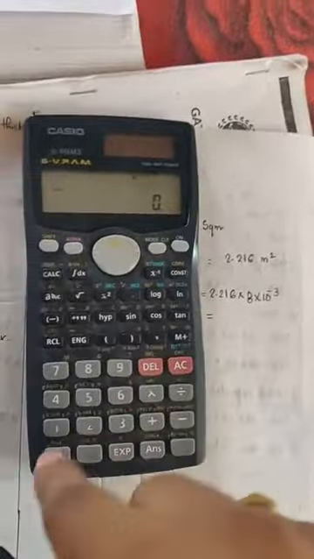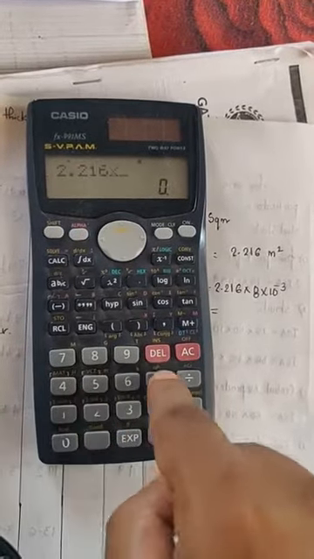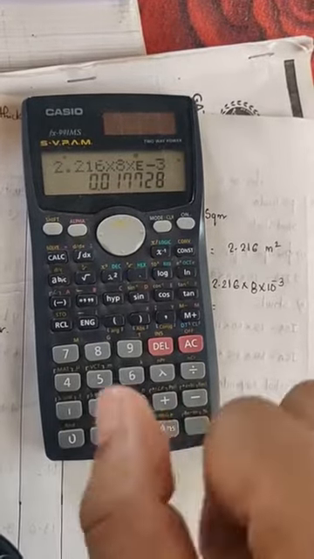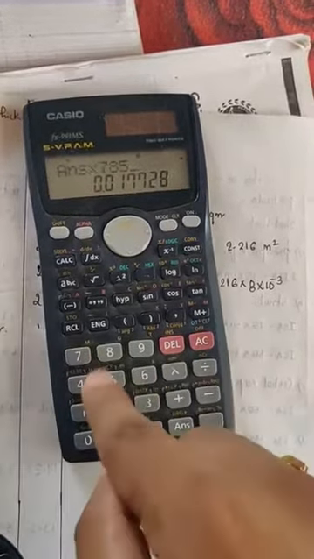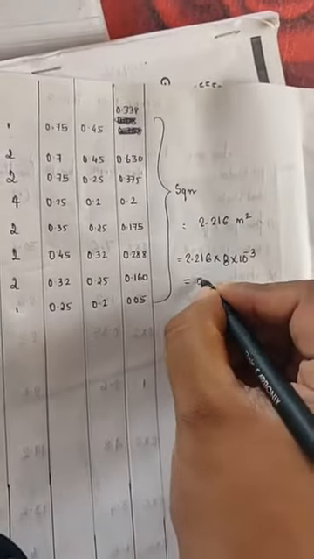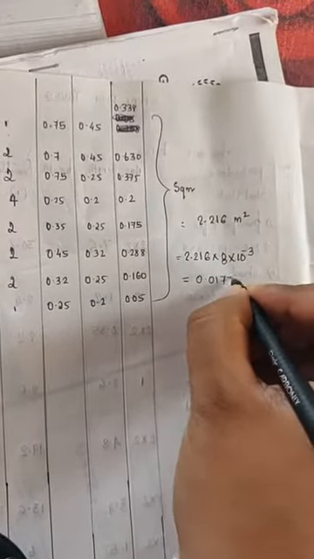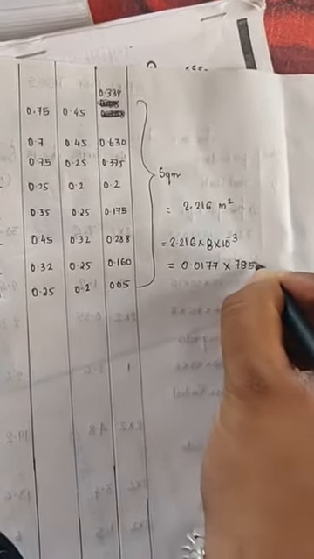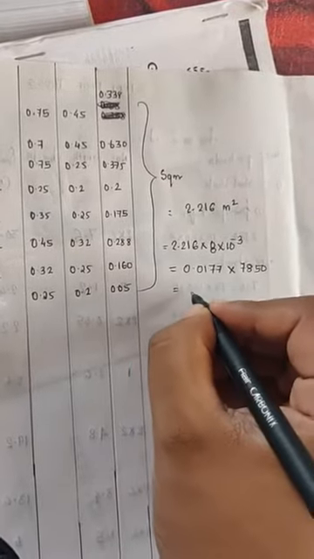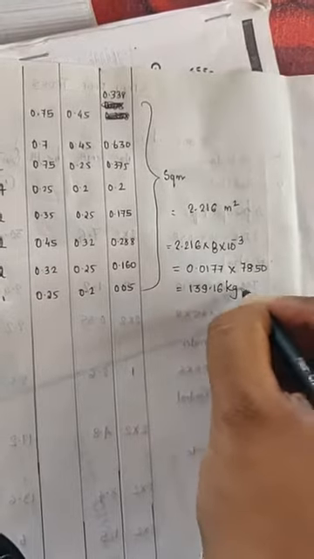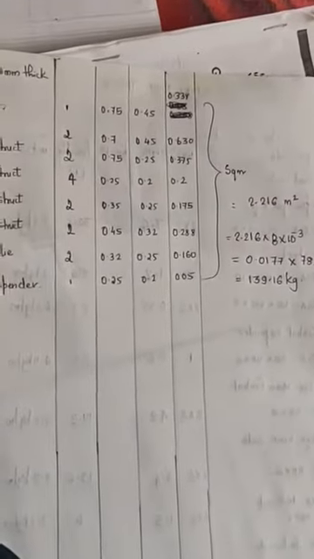So it is 2.216 into 8 into 10 to the power minus 3, which I'll get as 0.0177. This I should multiply with the density of steel, 7850 kg per meter cube. So what you'll get is 139.16 kgs.